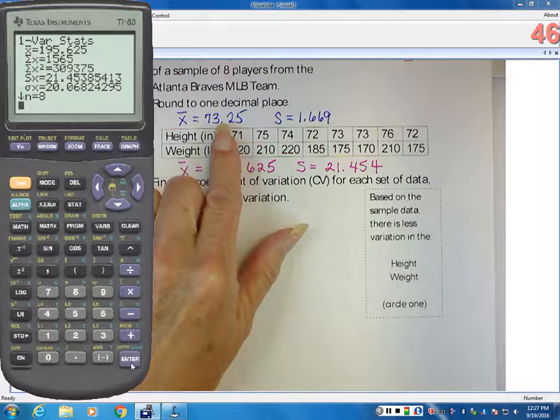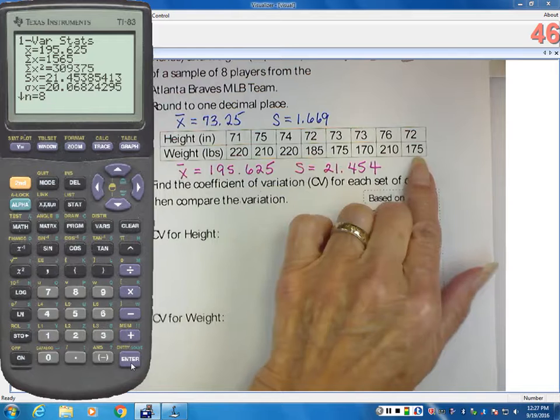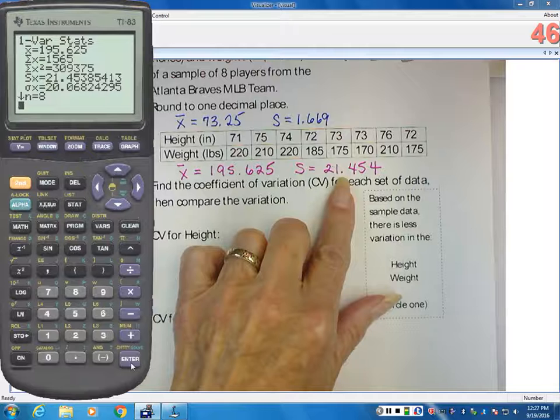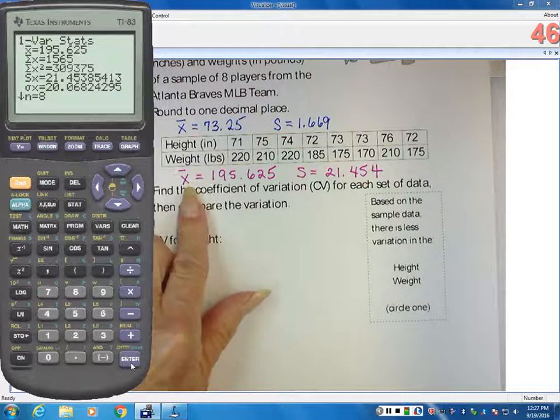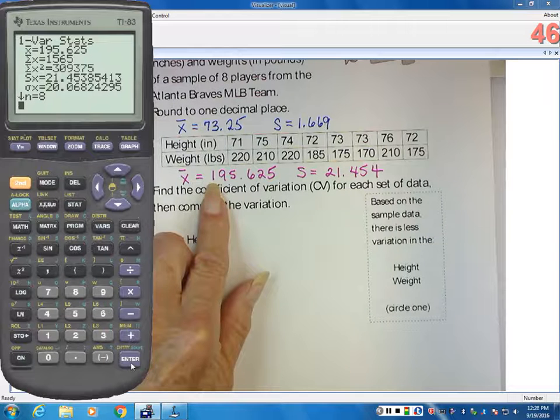So we can't just generalize and say there's more variation in their weights than there is in their heights, although we'd like to, because it certainly looks like the standard deviation is larger. But remember, standard deviation is based upon distance from the mean, and this mean is obviously a lot larger than this mean.